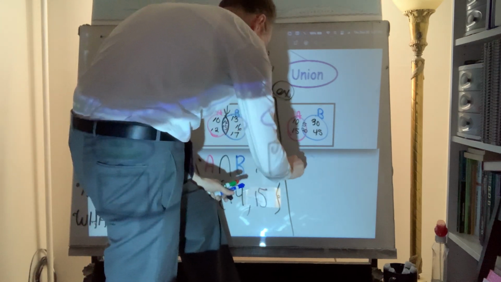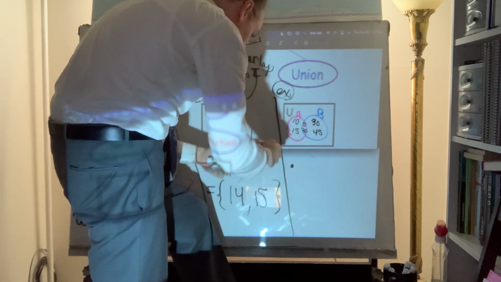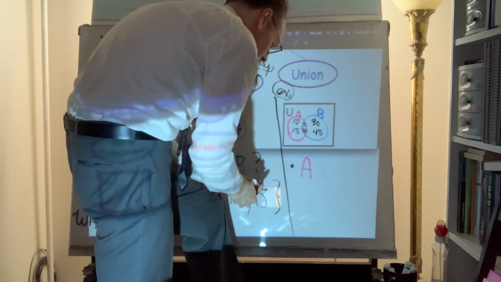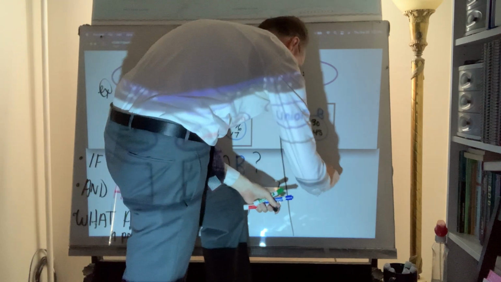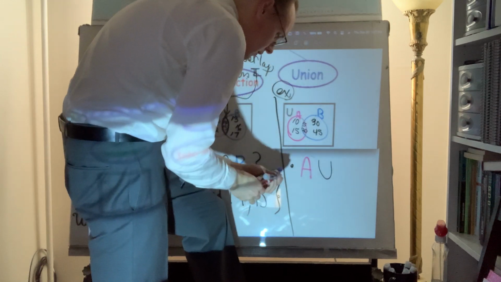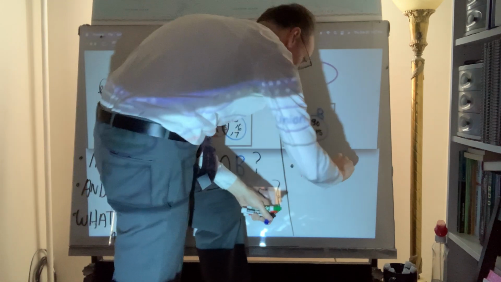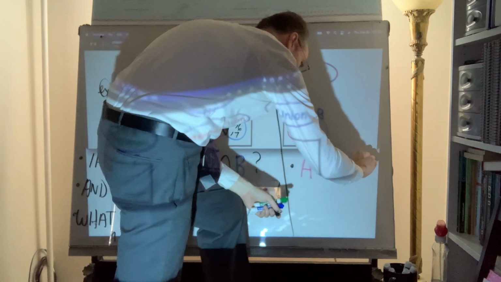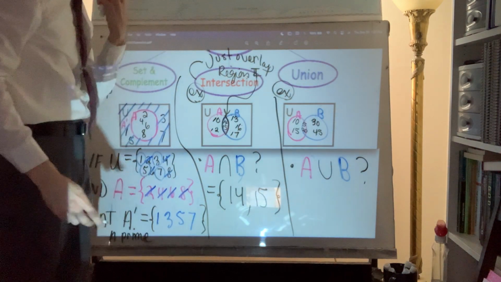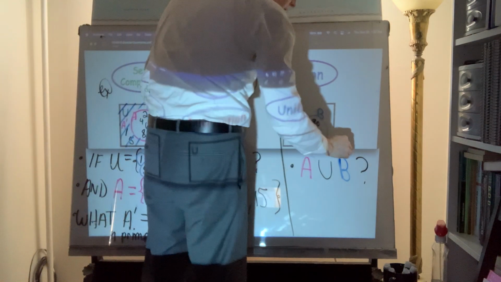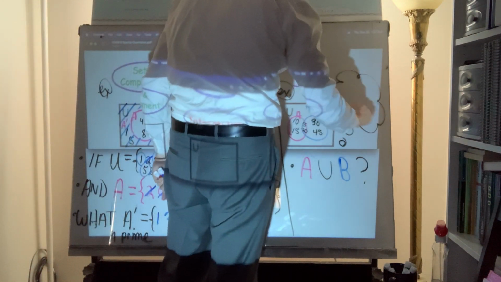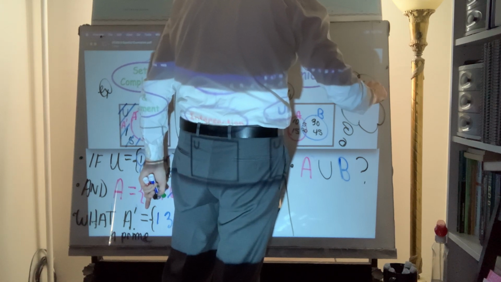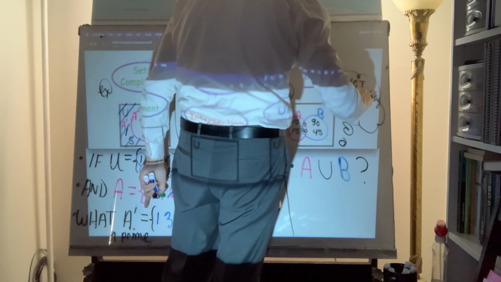And the question was, what is A union B? Understand that this particular symbol for U here is not referring to universal set.